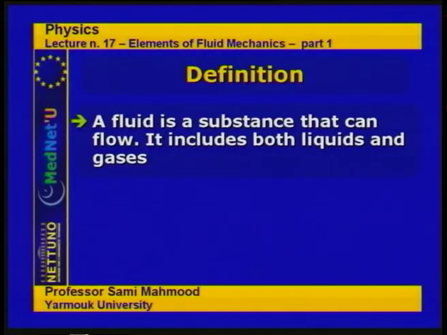At the start, we start with a definition of the fluid. What is a fluid? A fluid is a substance that can flow, and thus it includes both liquids and gases. This is what a fluid is.